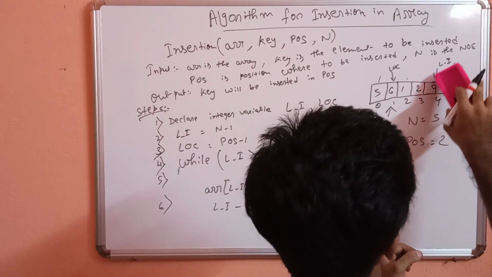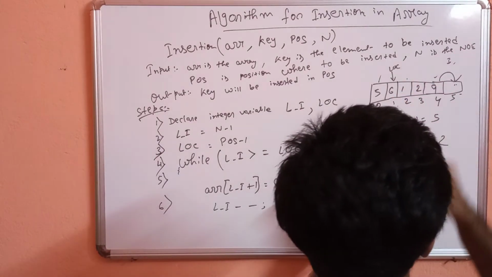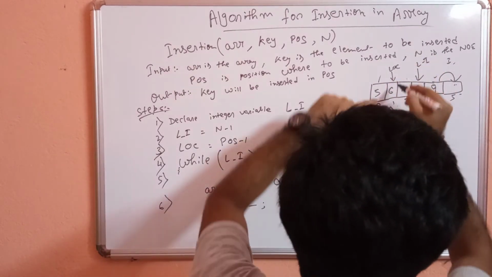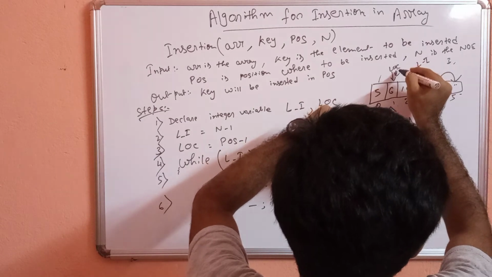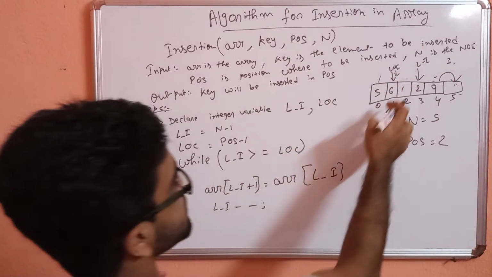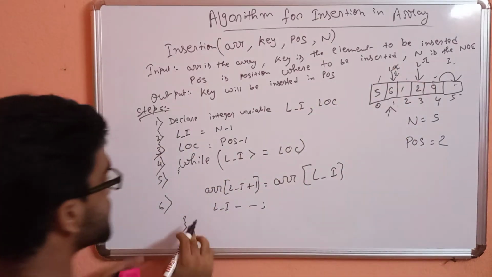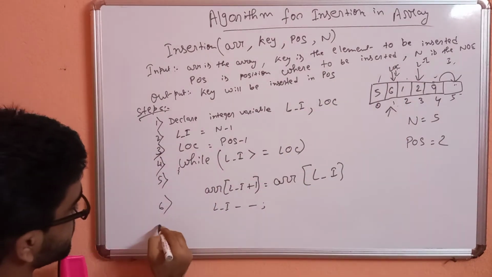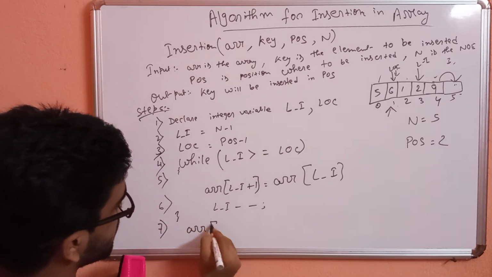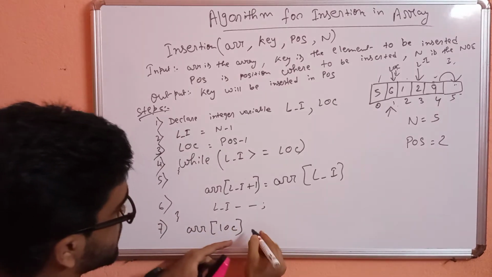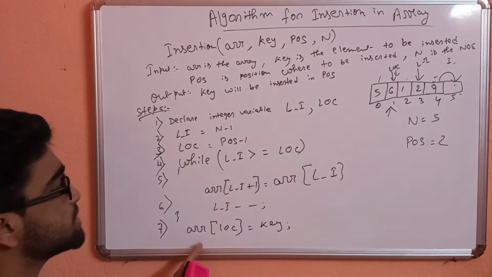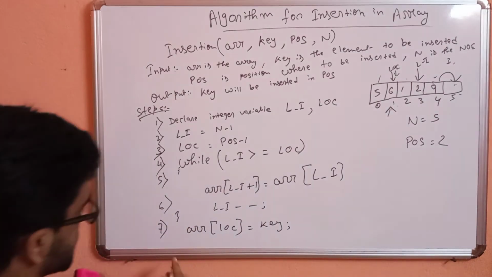Here first li is pointing to the fourth index, then it will move to here, till li comes here. When li comes to the position of LOC, the loop will get terminated. Then we have to do ARR of LOC equals key, inserting the key into the vacant place.